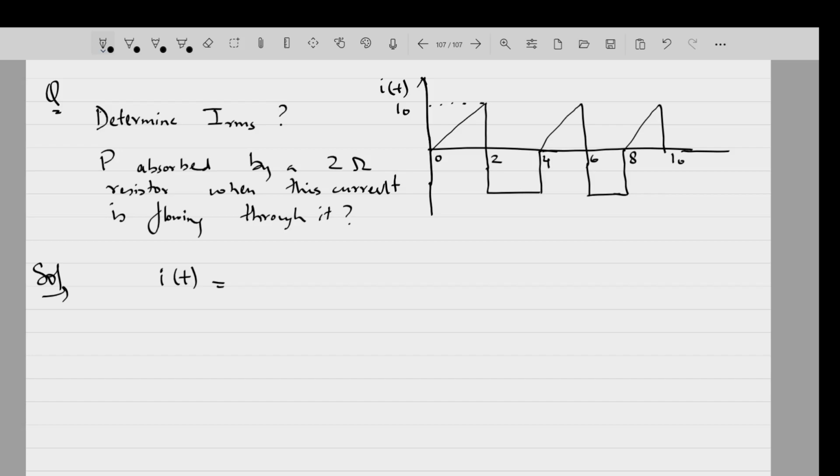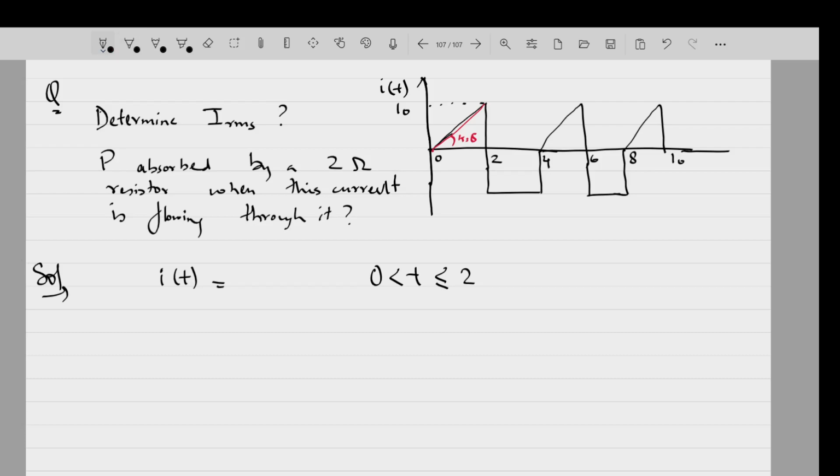If you look at this function i(t) from 0 to 2, it is simply a ramp function, and the slope of this ramp function is 10 divided by 2, that is equal to 5.